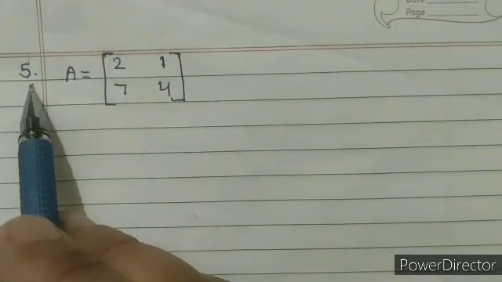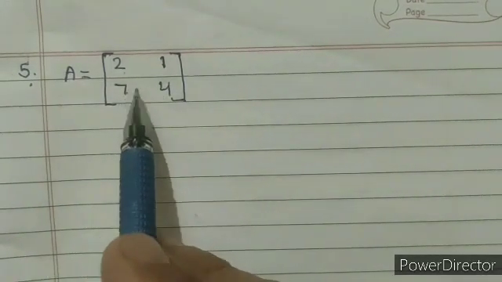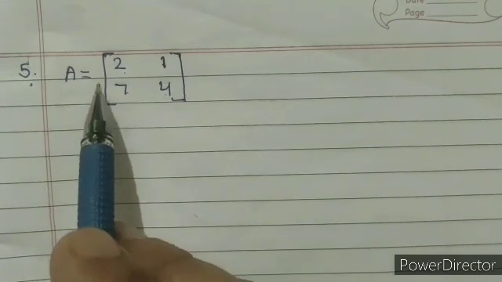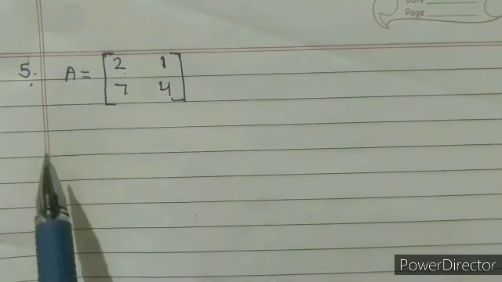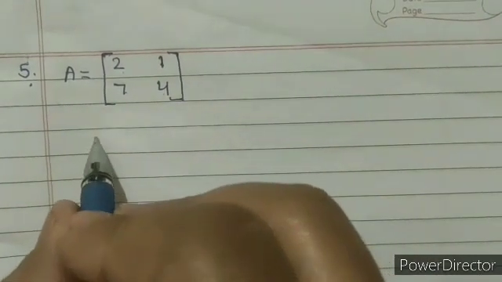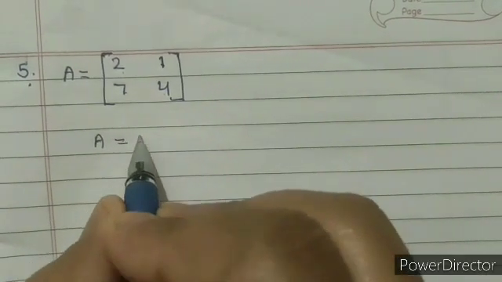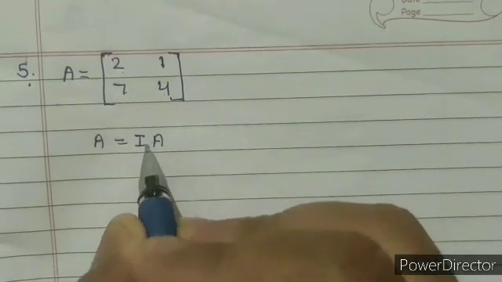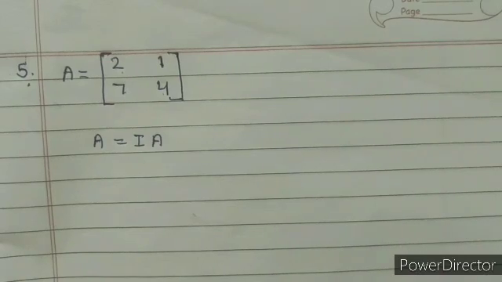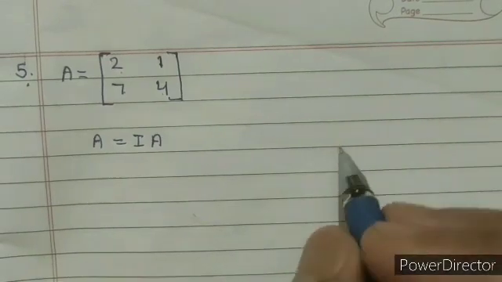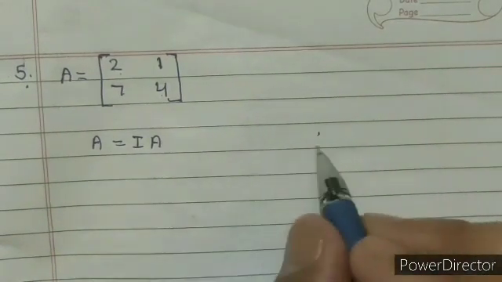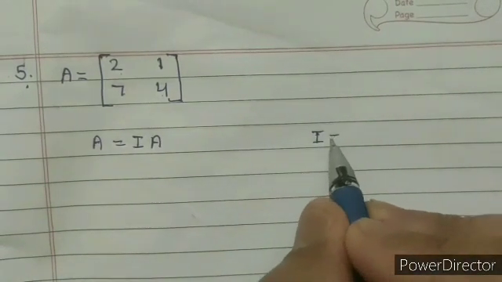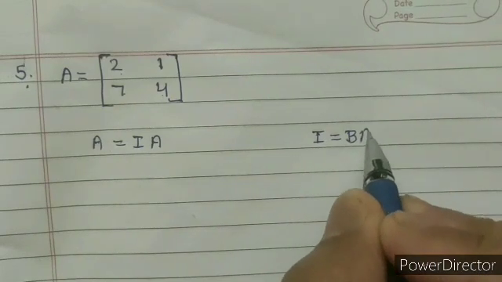Question number 5: matrix 2 1 7 4 is given to us. I have taken it as matrix A. Our first step is that we have to take A equal to IA and then apply the row transformation or column transformation, any one of these, to convert this into the form I equal to BA.